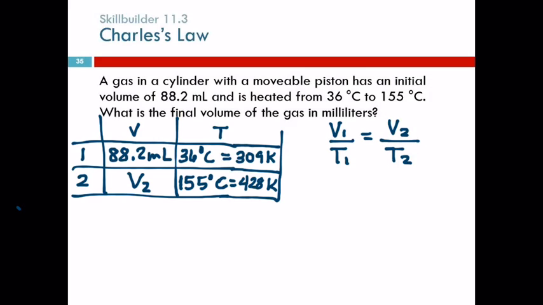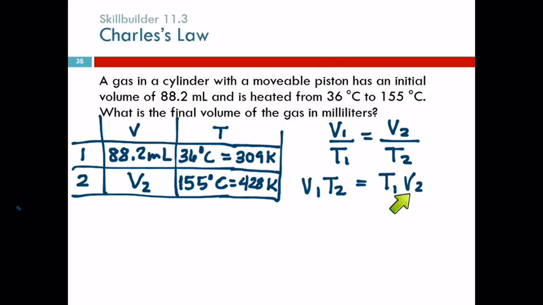I would still recommend that you cross multiply and get rid of the fractions. So I'm going to rearrange this: V1 T2 equals T1 V2. I took the top of one side times the bottom of the other side, and the bottom of the first side times the top of the other side. That's what cross multiplying means.